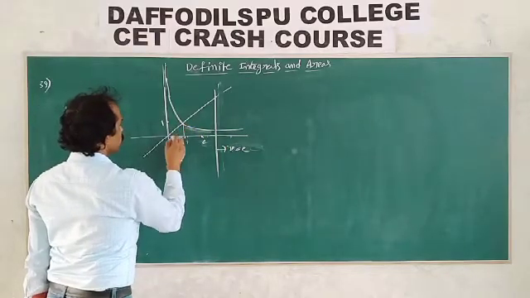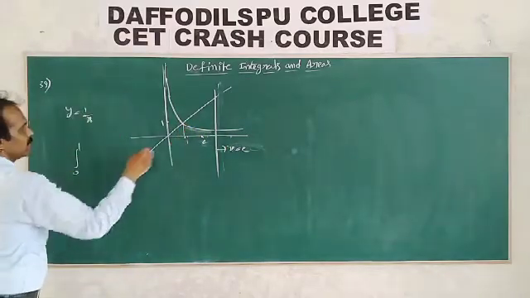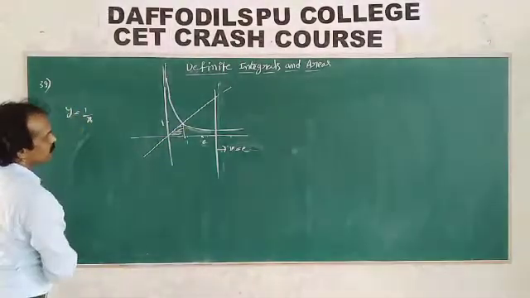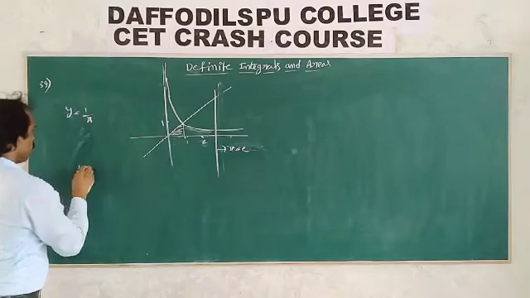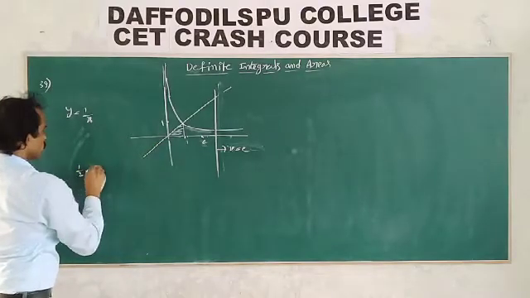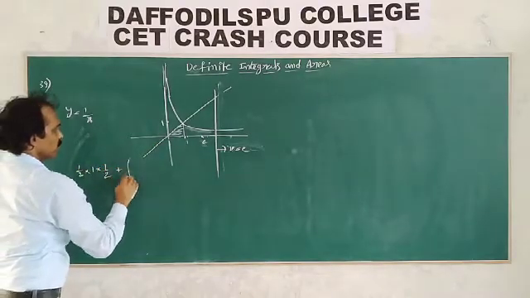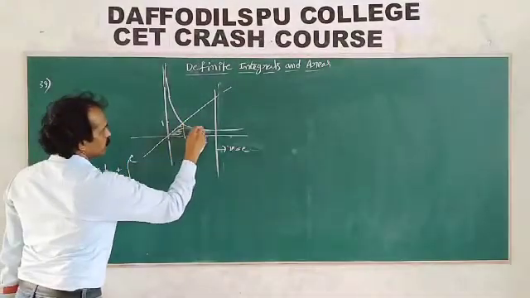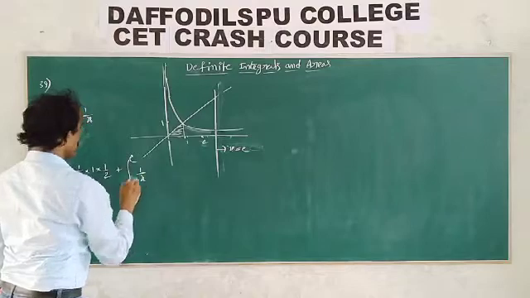So from 0 to 1, this is the triangle area: half into 1 into 1. Plus from 1 to e, the curve is 1 by x.